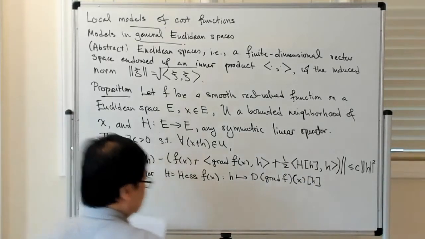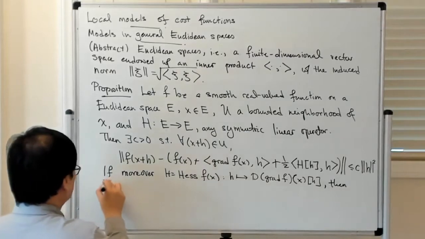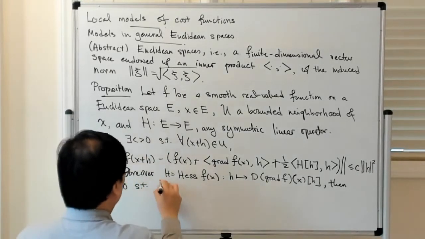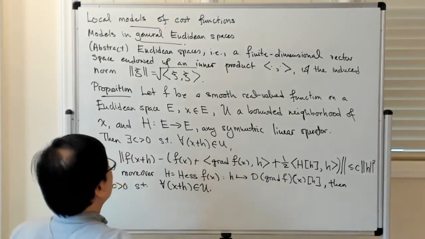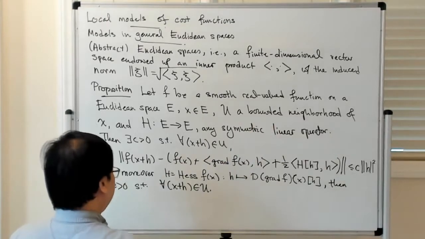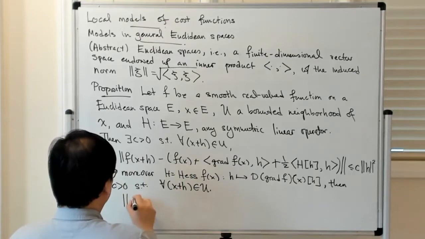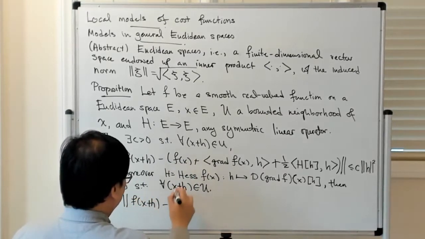Then again, there exists some constant greater than 0 such that for all x plus h in this bounded neighborhood U, which contains x, f of x plus h is approximated by this quadratic model.